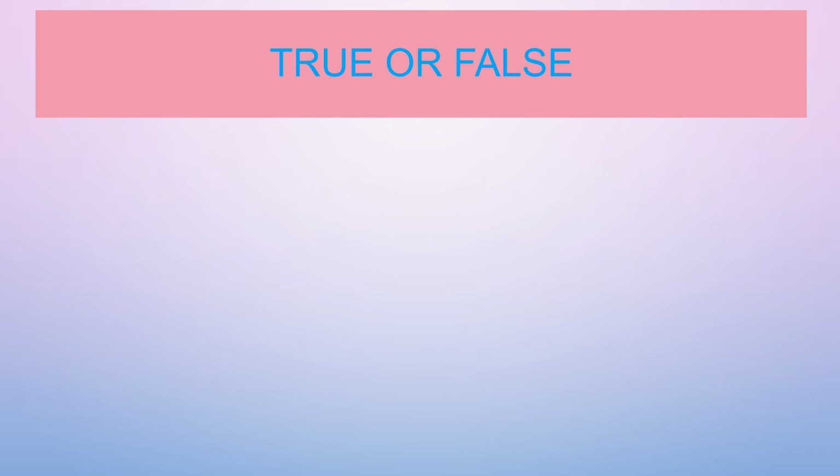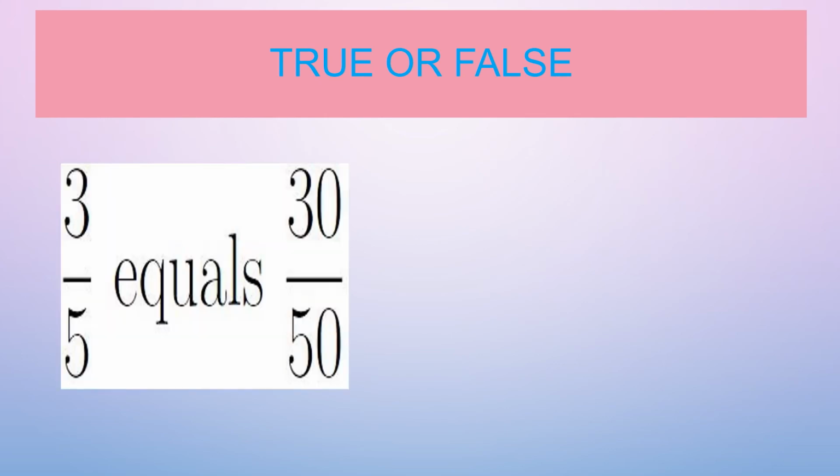Next is true or false. First part is 3 upon 5 equals 30 upon 50. Is it true or false? This is true because when you multiply both the numerator and denominator in 3 upon 5 by 10, you will get 3 into 10 as 30 and 5 into 10 as 50.